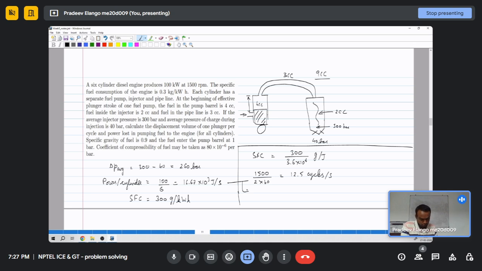So with these two we get energy per cycle: 16.67 into 10 power 3 divided by 12.5. That is 1333.6 joules per cycle.